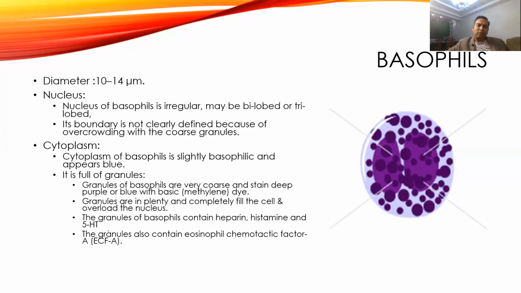The cytoplasm is also basophilic in nature, a little bit light blue in color, while the granules are very coarse and take a strong basophilic stain, methylene blue dye, and show a very dark blue color, almost completely covering the nucleus. These granules usually contain heparin, histamine, and 5-HT, serotonin. These granules also contain eosinophilic chemotactic factor.